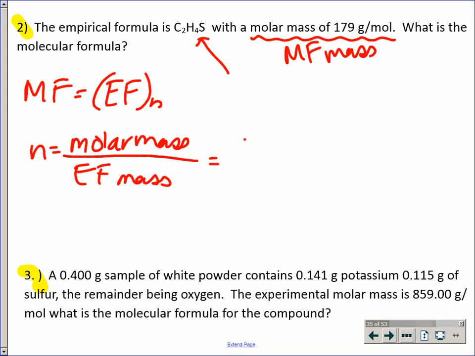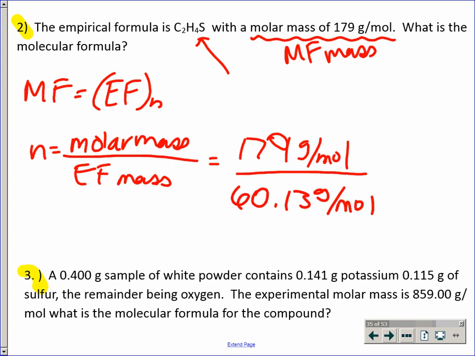This is 179 grams per mole. What's this one? 24, 28. 60, approximately. What is it? 60.13. So we take 179 divided by 60. Give me an approximate here. 3.